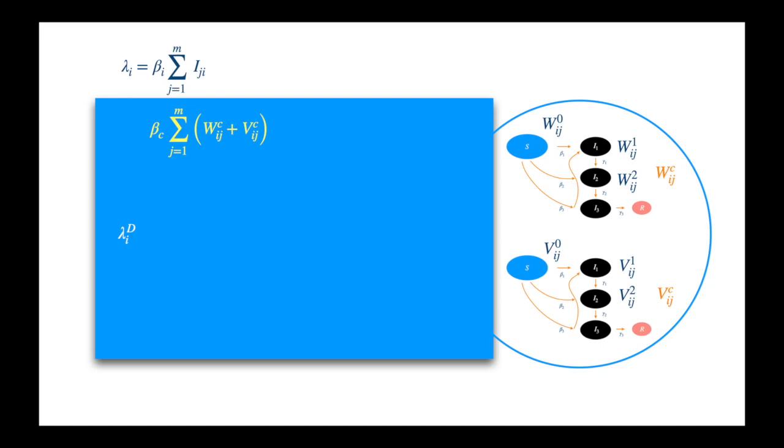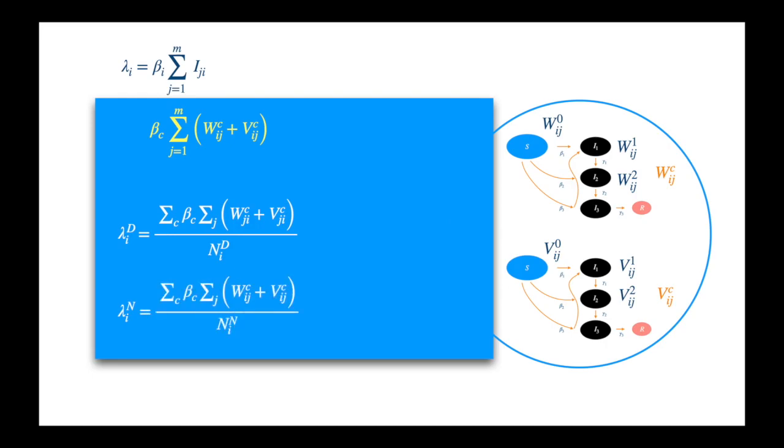We can just sum across the classes. And remember, we said that the SIR can also be written in terms of density, so we can divide by the total population. And similarly, we can write the force of infection at night. We just have to sum across the second index so that we capture all people who spend the night in I, but might have spent the day in any of the regions.